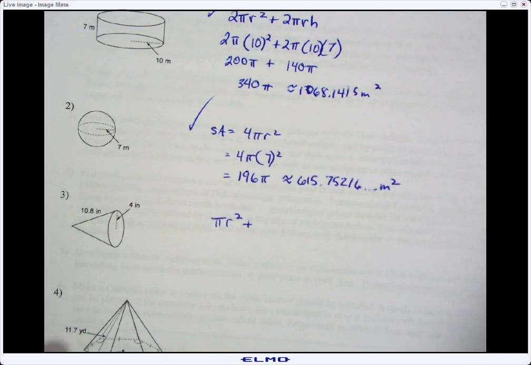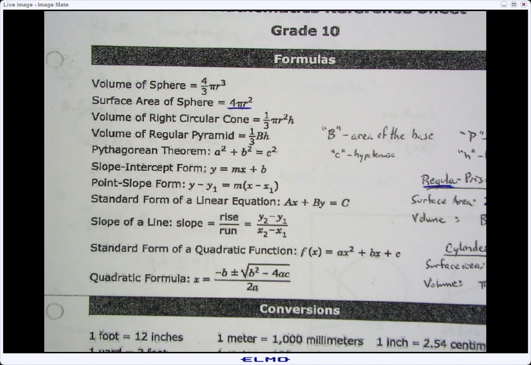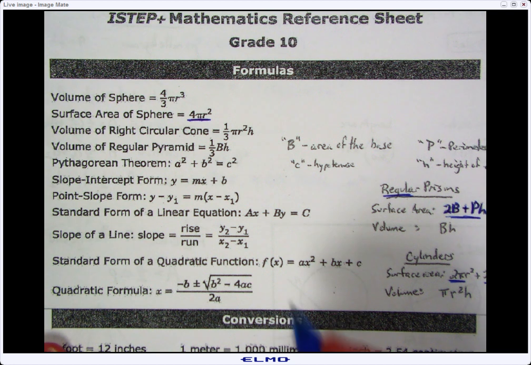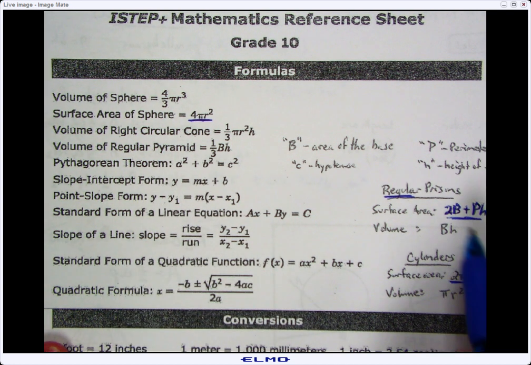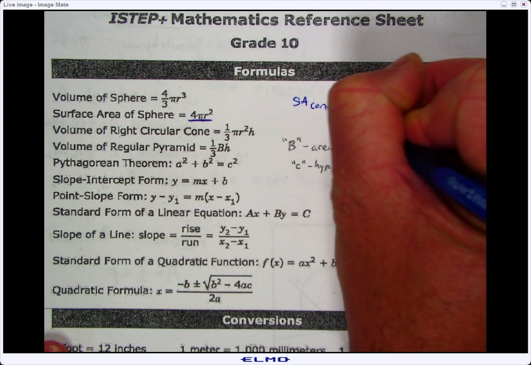If you get your formula sheet, there's lots of different miscellaneous formulas. They're not organized very well by the state of Indiana on here. But if you're looking for cones, we have a volume of a cone, and that's about it. So I'm going to add the surface area of a cone. You can add this formula in.